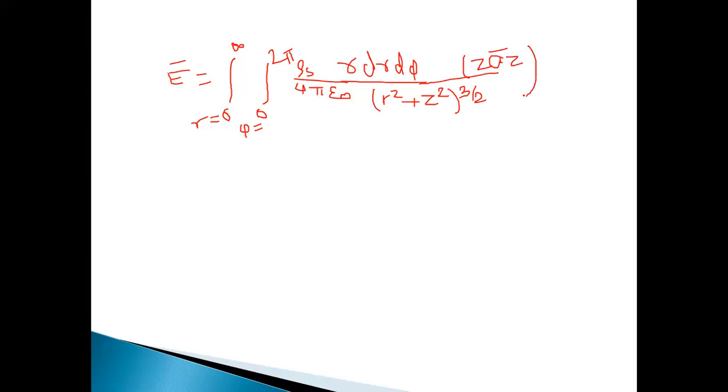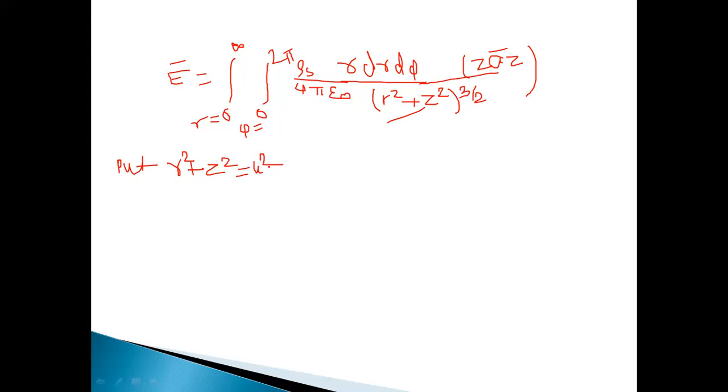Now we have to put the limit. So we put r square plus z square equal to u square.